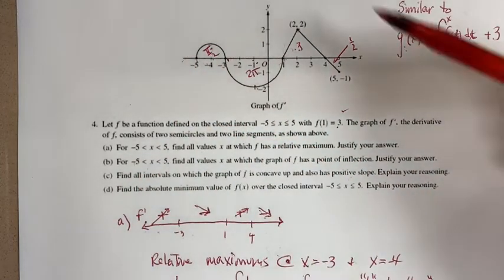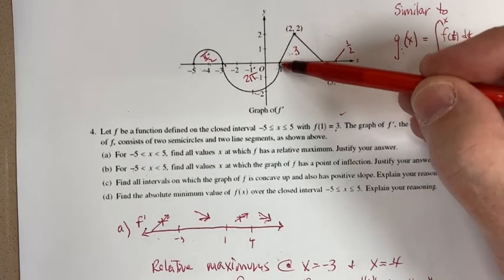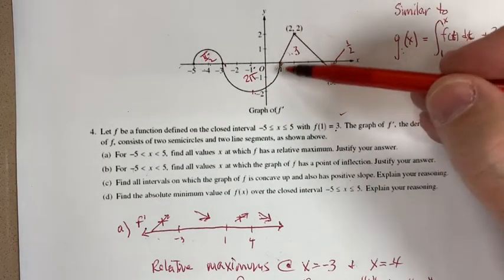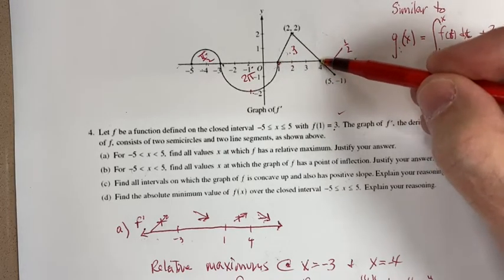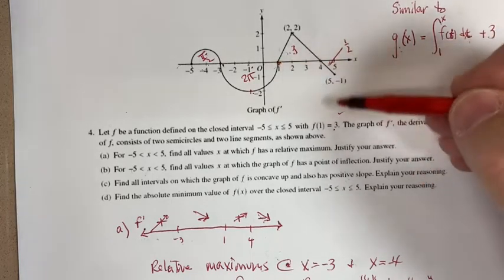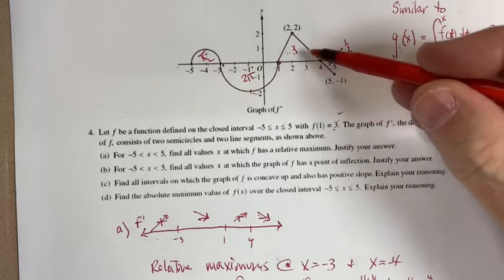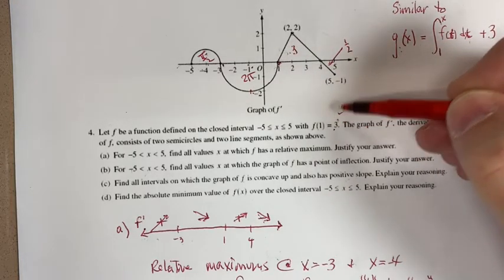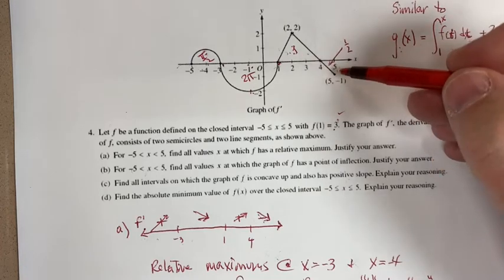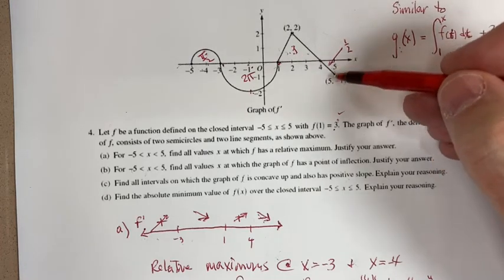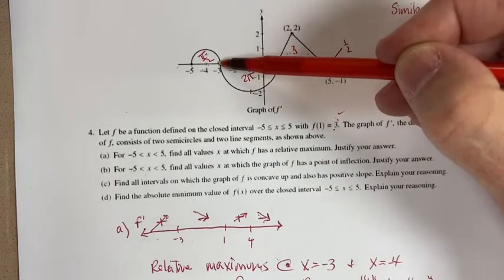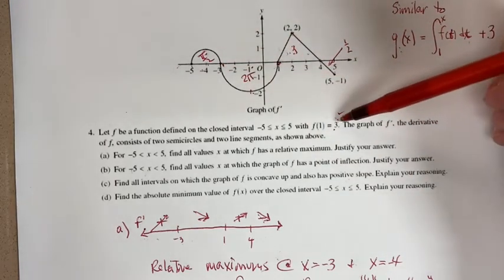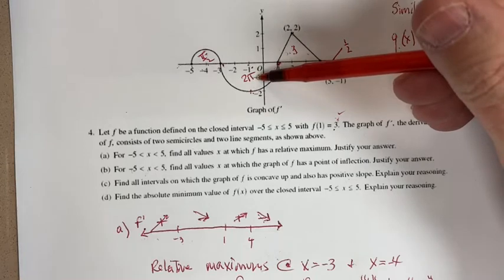We know the position at time equals 1. We know the position at time equals 4 because it's the initial position 3 plus this area, so it's 6. The position at time equals 5 is 6 minus 1/2, it's 5.5. The position at time equals -3 is this 3 plus pi over 2.